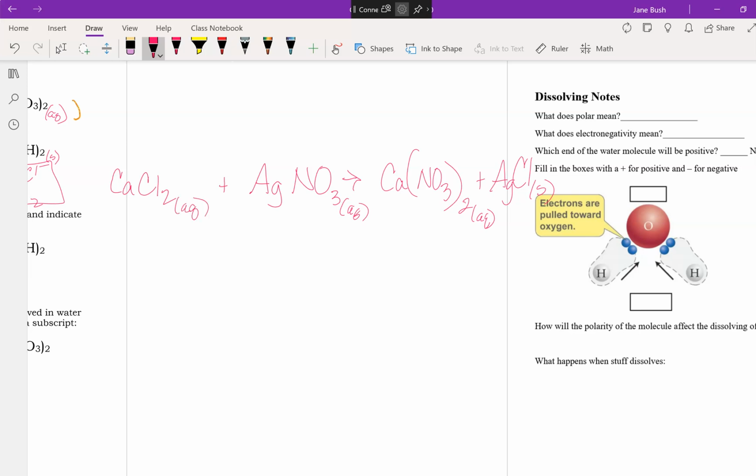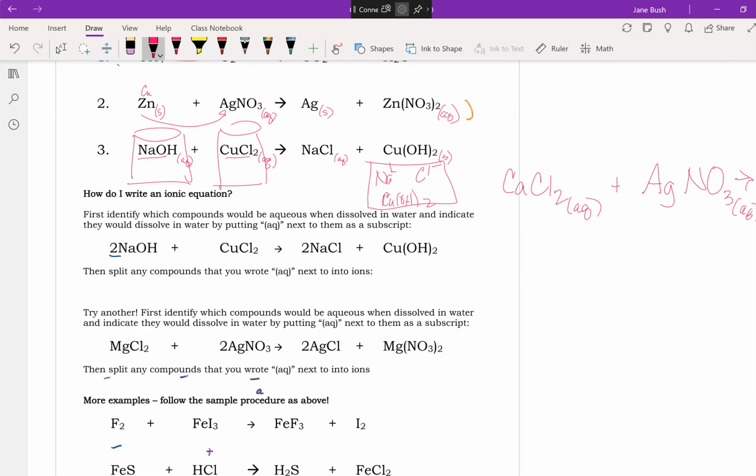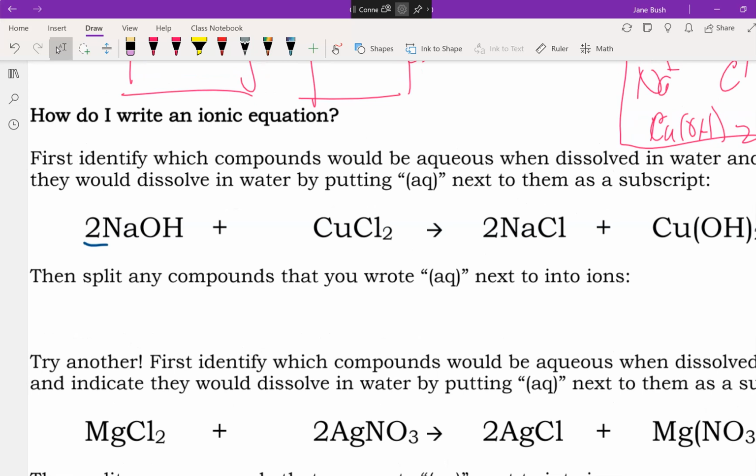Okay? Does that help? All right. So now we're going to write an ionic equation. We are going to dissociate all of these that will dissociate. So sodium hydroxide is going to dissociate into 2 sodium ions and 2 hydroxide ions.